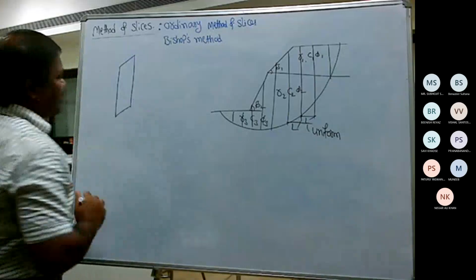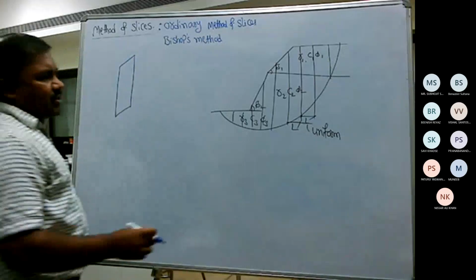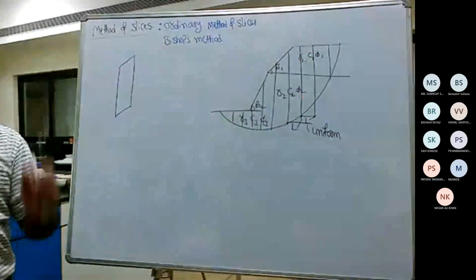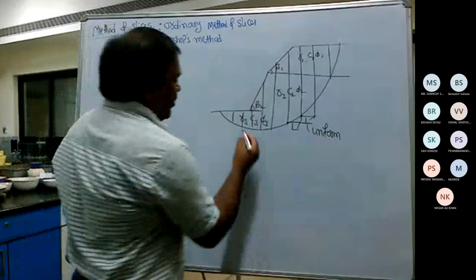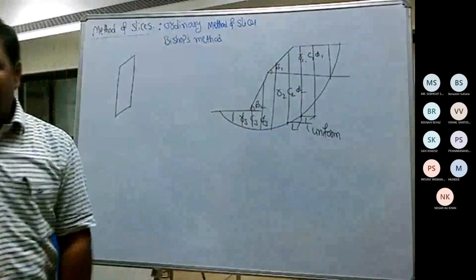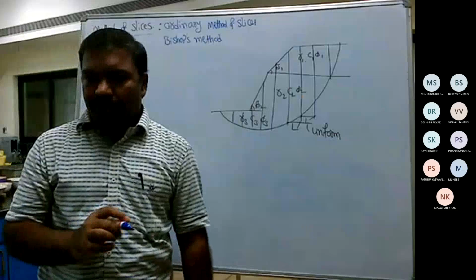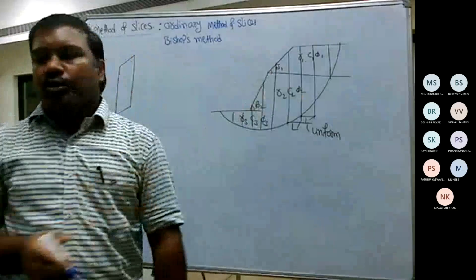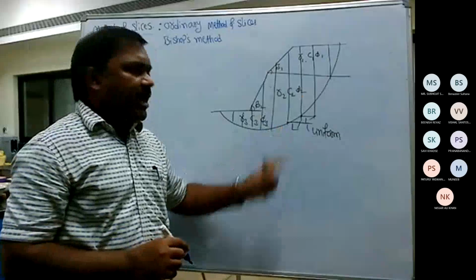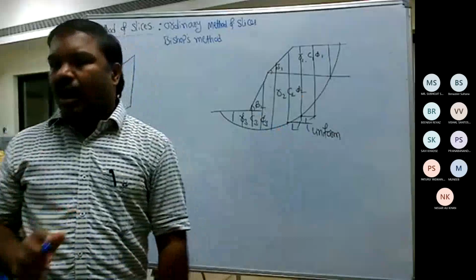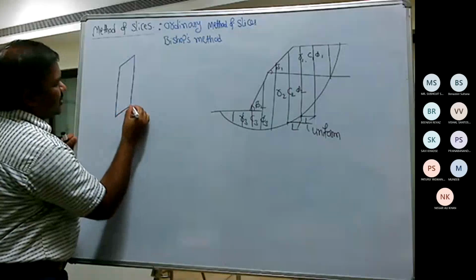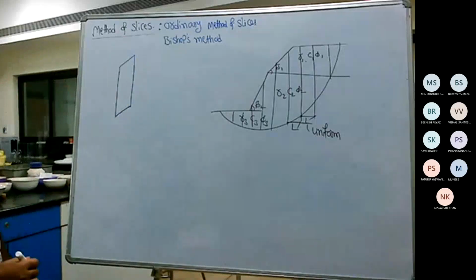In the method of slices, since you are dividing the given geometry into so many slices, if you look at the bottom width of each slice, it is supposed to be an arc because you are assuming rotational failure. But the assumption is that it is an approximate straight line. It's not an arc. This is another assumption in the method of slices.